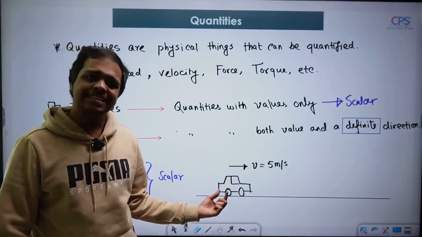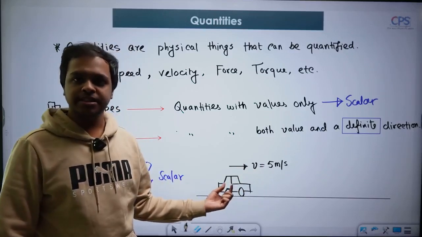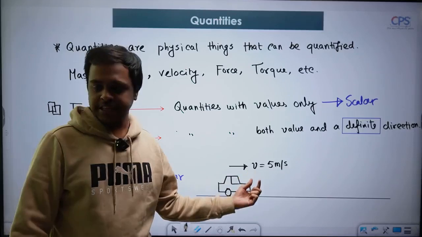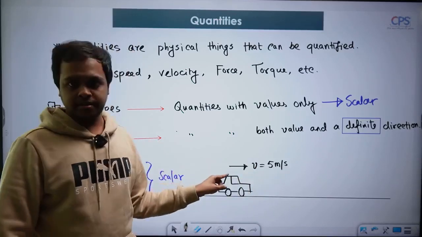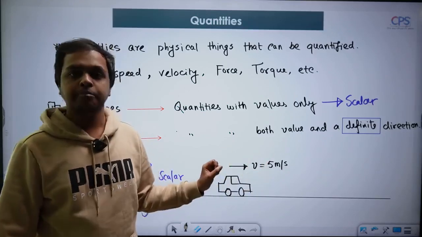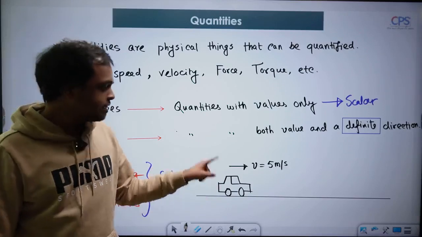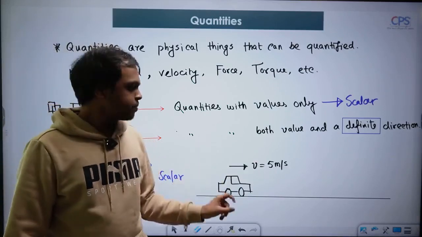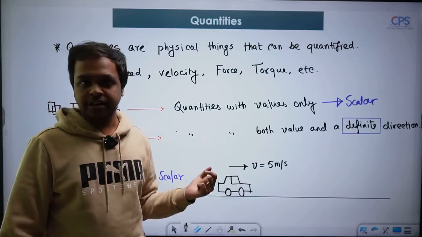This means this car is going in the rightward direction with a velocity of 5 meters per second. And in this velocity, there is a value and also a direction with it. Which is the direction? Rightward direction. I am not saying this is going in the leftward direction, right? I am saying this is going in the rightward direction. Correct? So these types of quantities are called vector quantities.